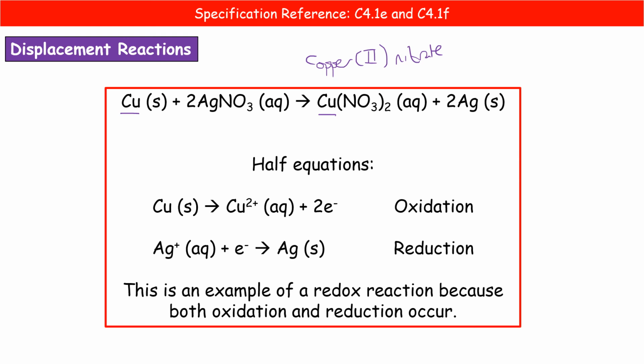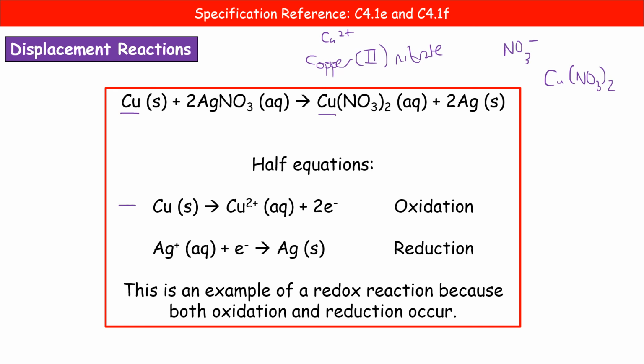Because we've got the 2 in brackets there, the Roman numeral, that means that has a 2+ charge on it. Hopefully we know from paper 1 that nitrate ion is a single negative charge. Therefore, if we've got 2 positives, 1 negative, when they join together, we've got to have 2 nitrates for each copper to cancel out the charges.